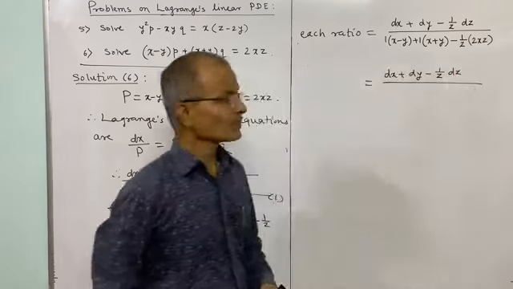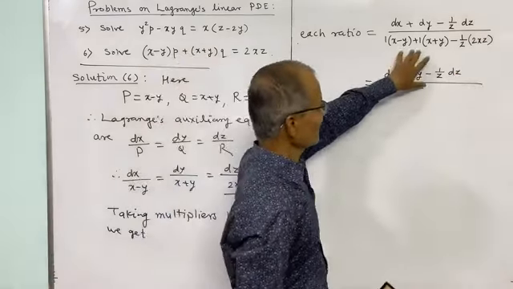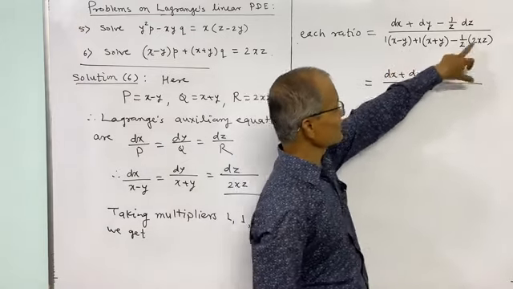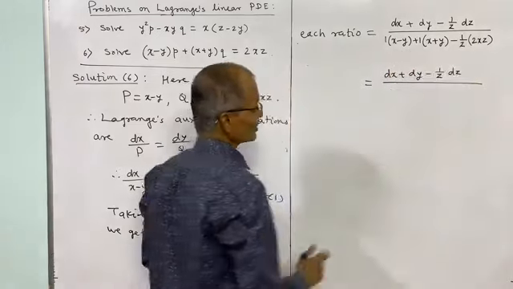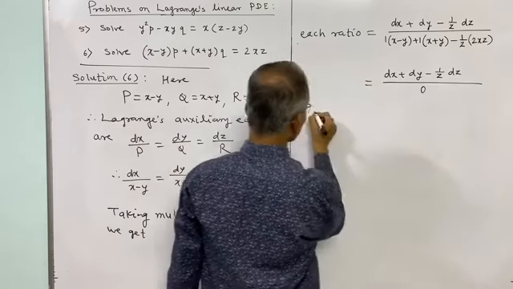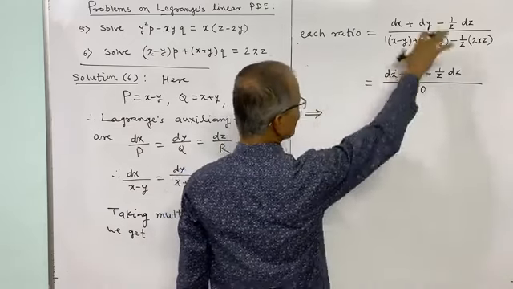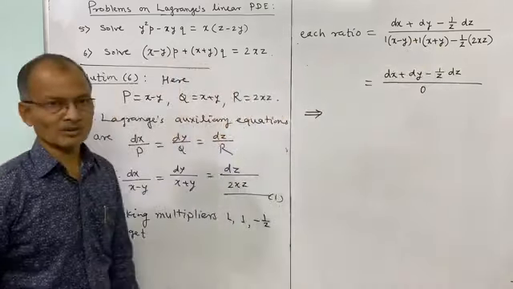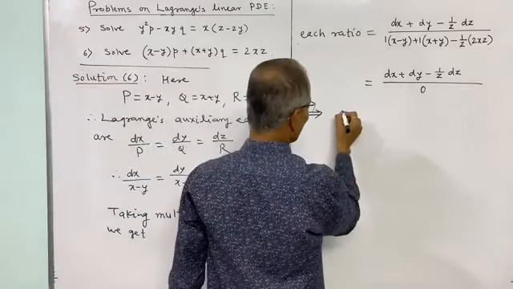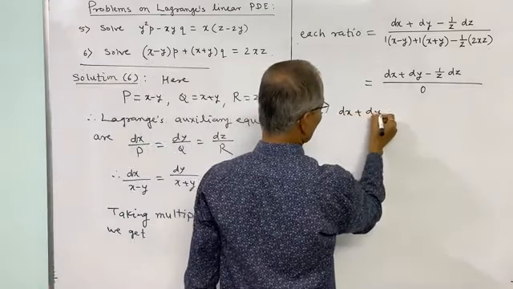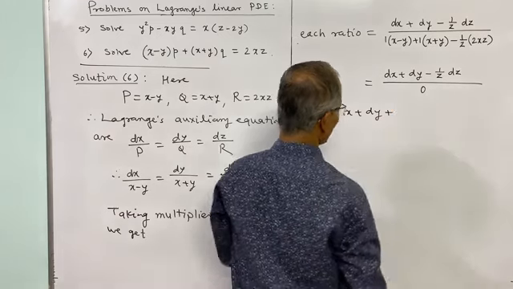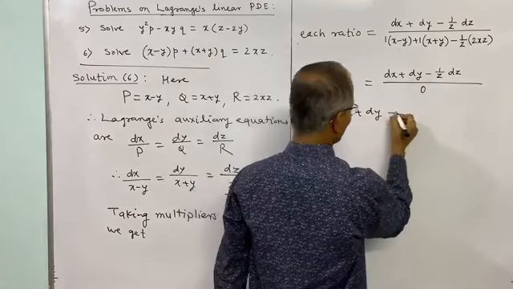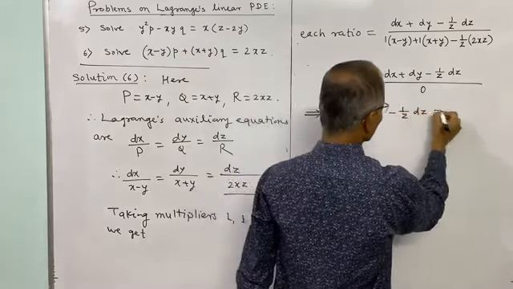Now you observe, this is 2x, we have verified this, and this z cancels, this is negative 2x, so that is 0. And thus, whenever the denominator becomes 0, the numerator must also be 0. By property of ratio, dx plus dy minus 1 by z into dz is equal to 0.